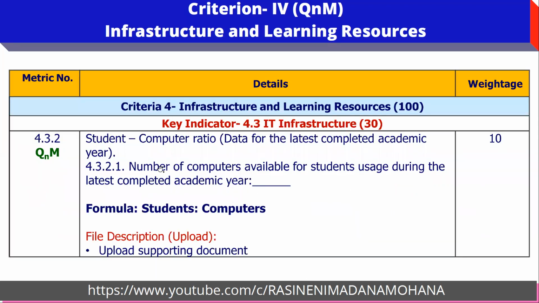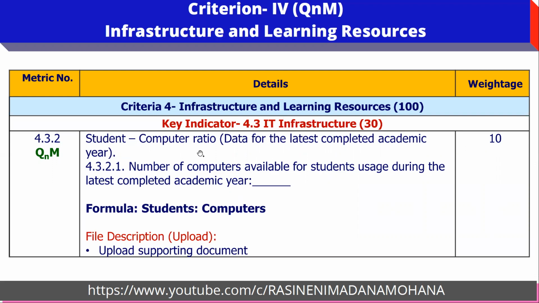Then coming to another quantitative metric, 4.3.2, which comes under the key indicator 4.3, that is infrastructure, I mean IT infrastructure. 4.3.1 is a qualitative metric, which carries 20. Now 4.3.2 is a quantitative metric, which carries 10. This is related to the student computer ratio.